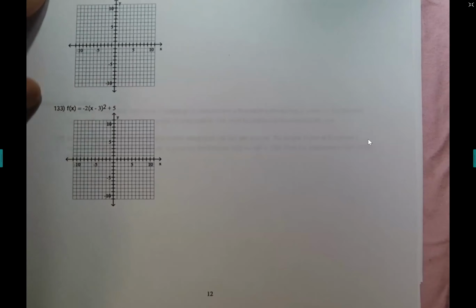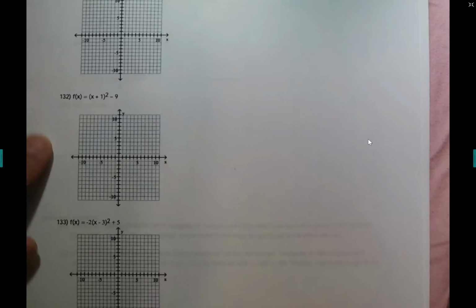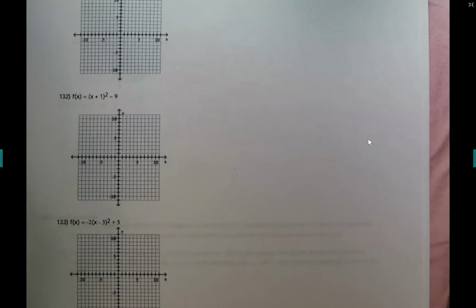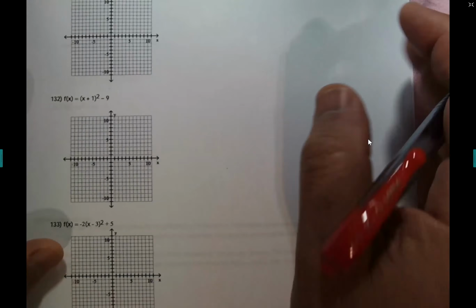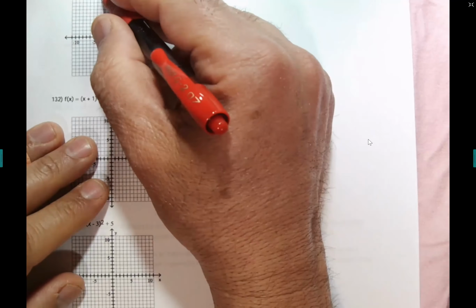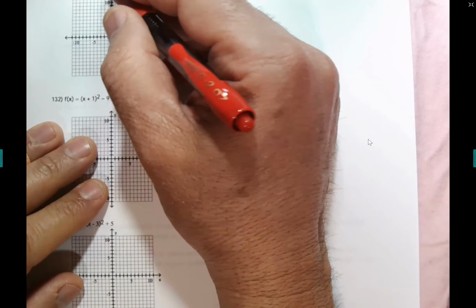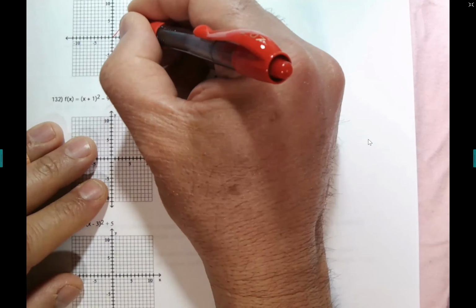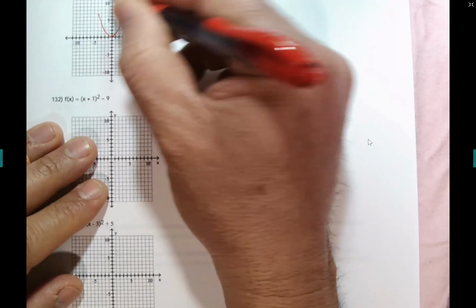Let's see, for example, f of x equals x minus 3 squared. Let me just show you this one. How do you graph this one? I don't know if you did the transformation, but you can either plug it into the calculator, or you can do it from knowing x squared. This is x squared.